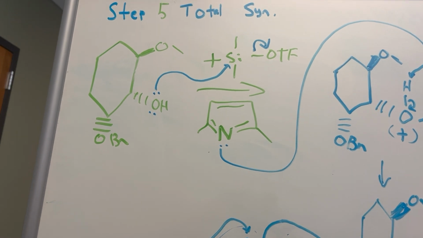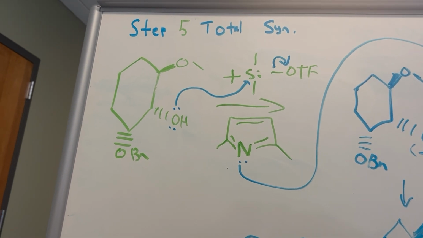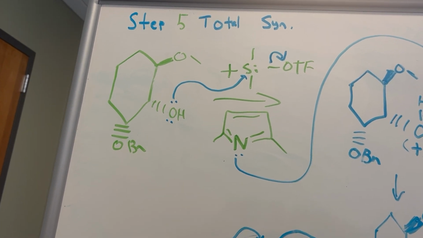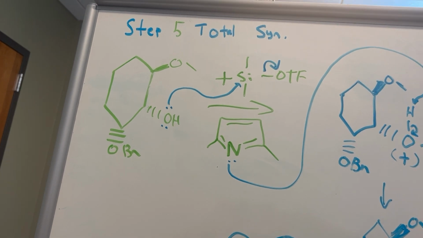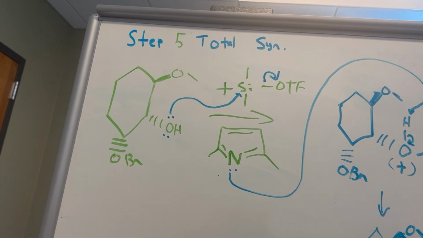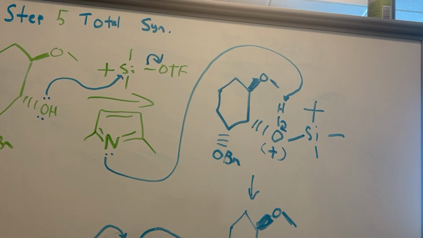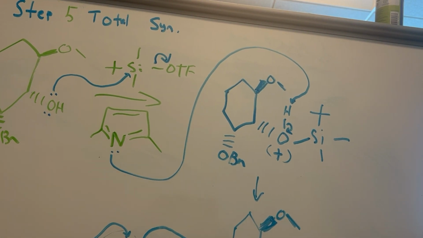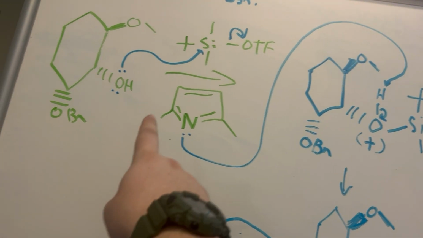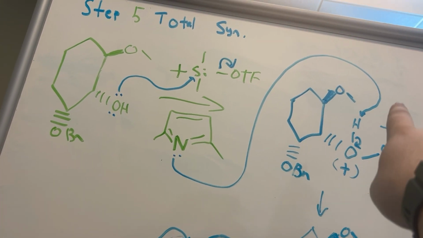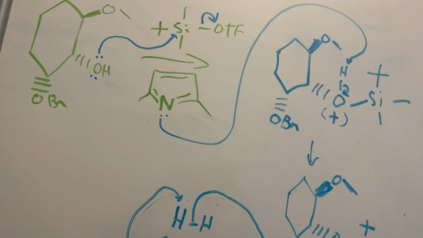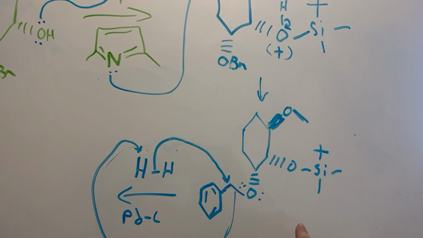So I just drew it out a little bit. So this alcohol donates into the silicon, pushing that OTf off because silicon acts like a carbon and only likes 4 bonds. And when we have that, we have a charge on that alcohol group with that protecting group. So we need this very strong base here to remove this proton to make it neutral. So that's what we get here.